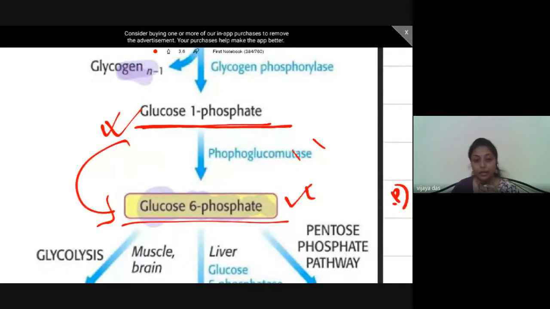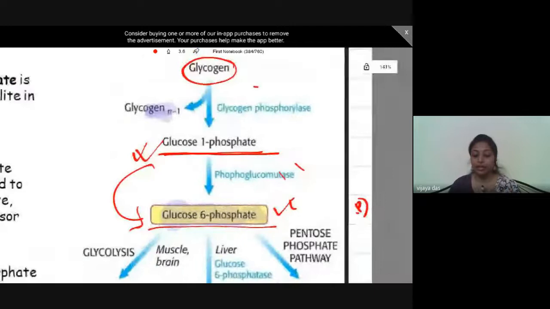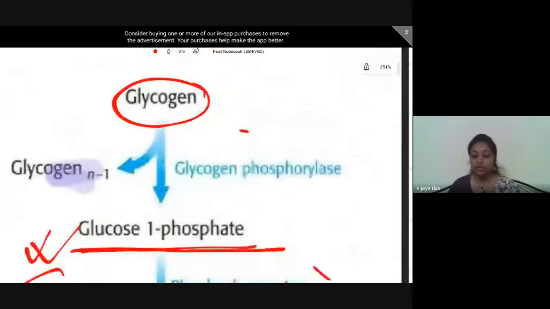Fine. Now, other than these two molecules, there are two major enzymes which regulate the processes. These enzymes decide whether glycogen will be formed or broken. Here in this stage, we can see that the glycogen is breaking up, right? How?